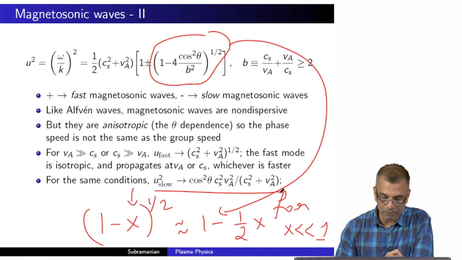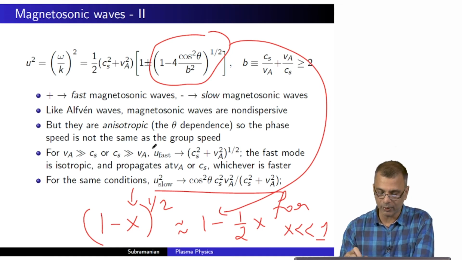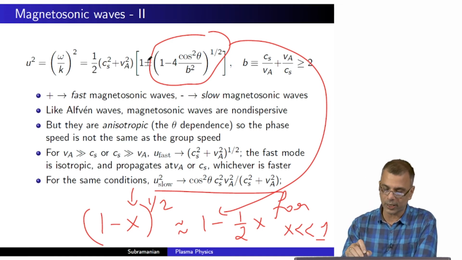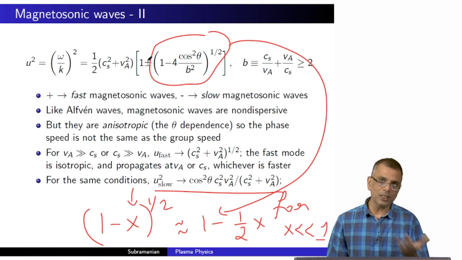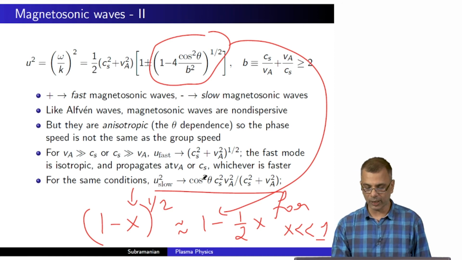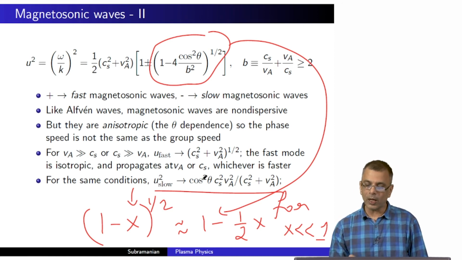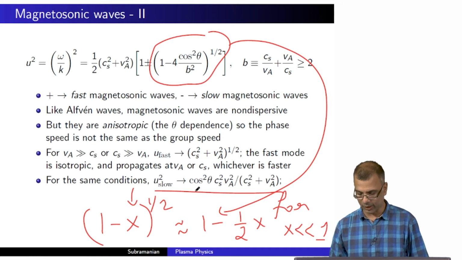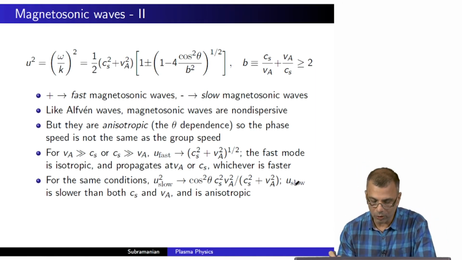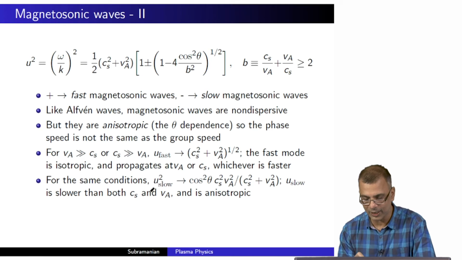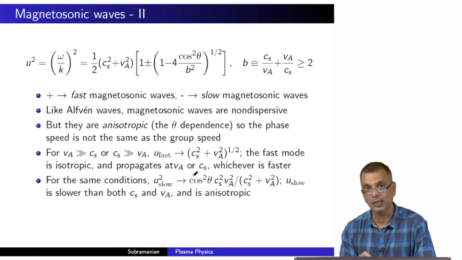Okay. So the only difference is that in this case you are taking the minus sign, whereas for the fast magnetosonic speed you were taking the plus sign. That's the only difference, but that makes all the difference in the world when it comes to, for instance, anisotropy. No matter what, the slow magnetosonic waves are still anisotropic. And what's more, U slow is slower than both CS and VA because of this cosine theta term.